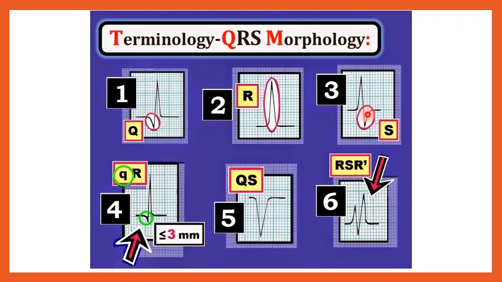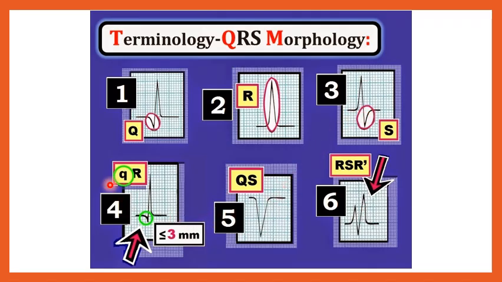So it really becomes significant to be able to pick out these waves on the 12 lead EKG when we start looking at things like infarctions and ischemia, and things like bundle branch blocks and hemiblocks.